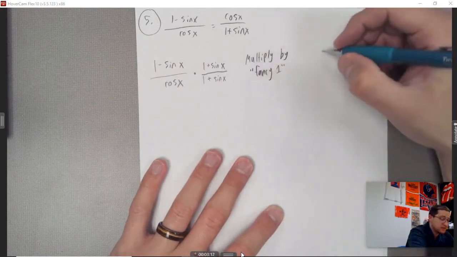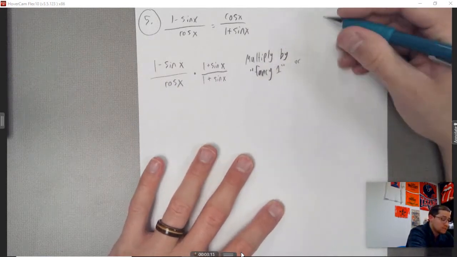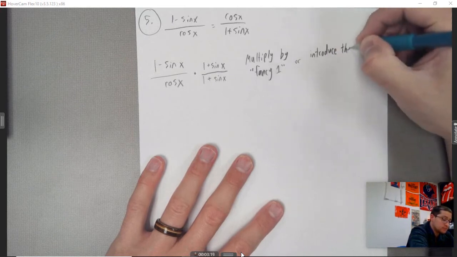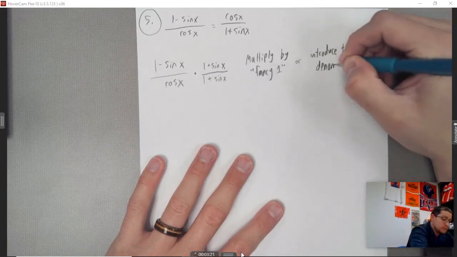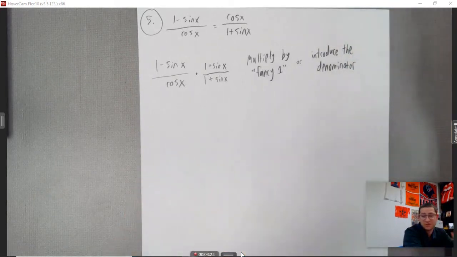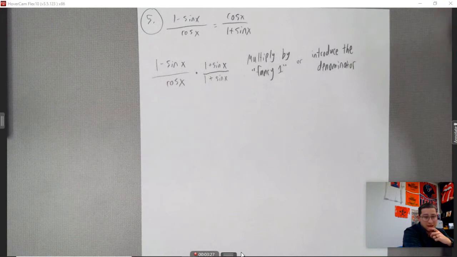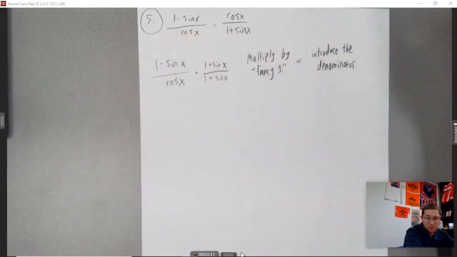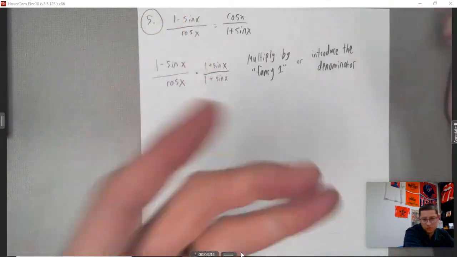So multiply by a fancy version of 1, or introduce the denominator, and then from there we just see what happens. That's a really nice step if you need a denominator that you don't already have in your starting point.